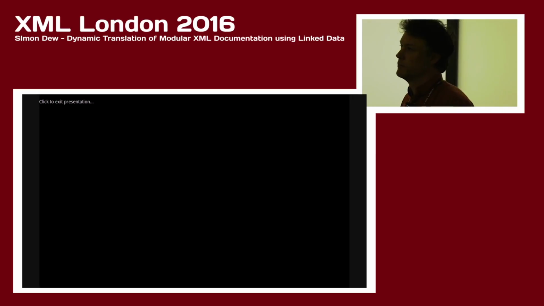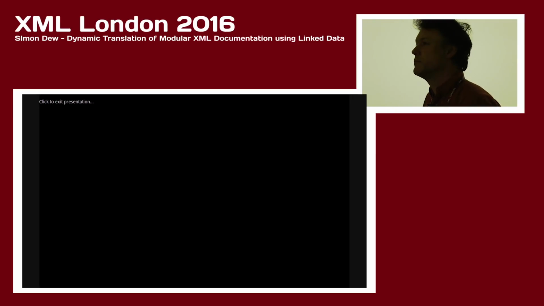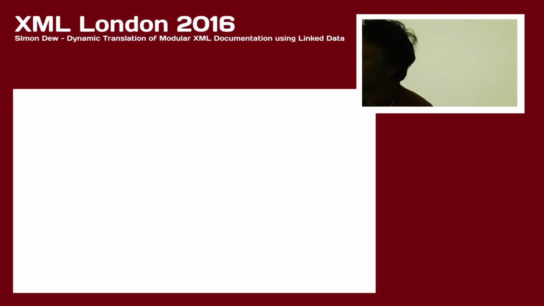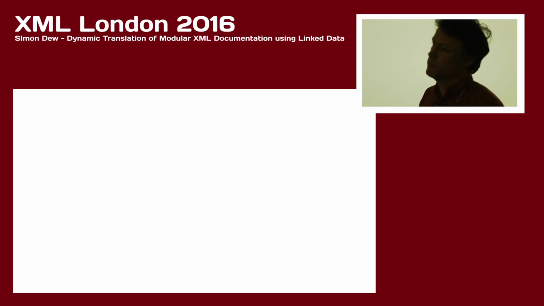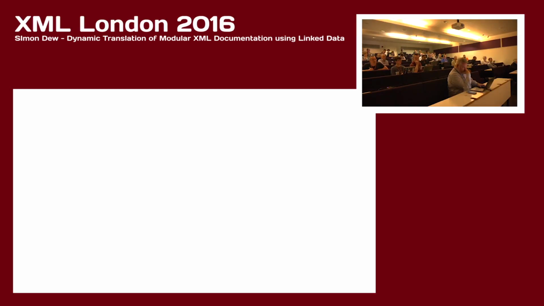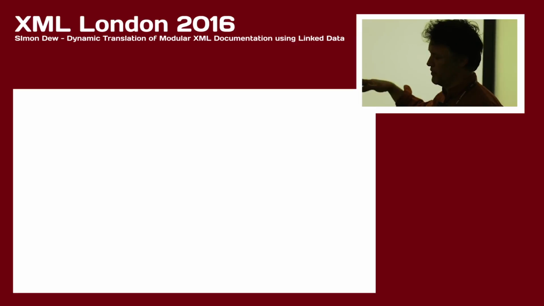So is this not causing problems that you have different chunks for translation and different chunks for assembly, or is it the same? Sorry, say that again, it's a bit quiet. So do you have different chunks for translation in XLIFF and different chunks for assembly, or is it the same? The strategy for doing that is completely open to the document strategist with this solution.